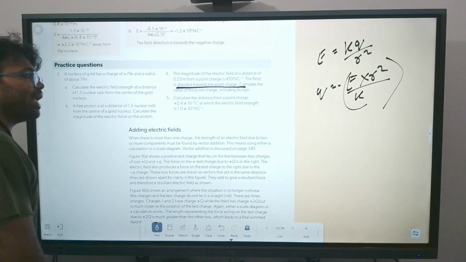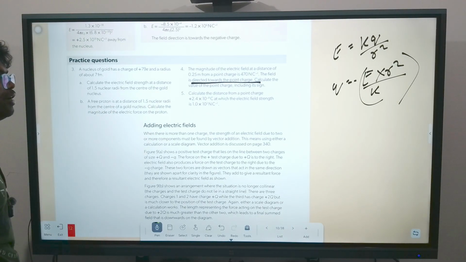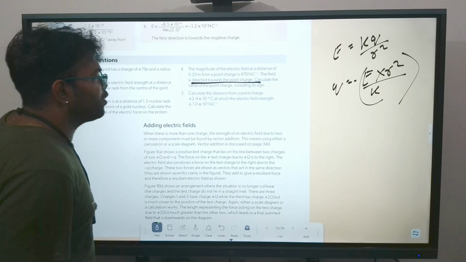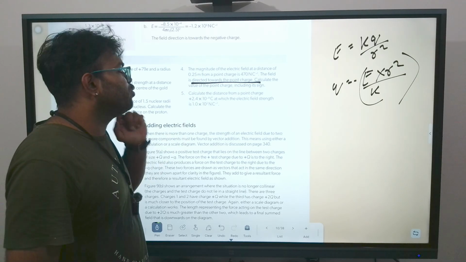Calculate the distance from the point charge plus 2.4 into 10 raised to the power minus 8 coulombs, at which the electric field strength is 1.0 into 10 to the power 2 newtons per coulomb.